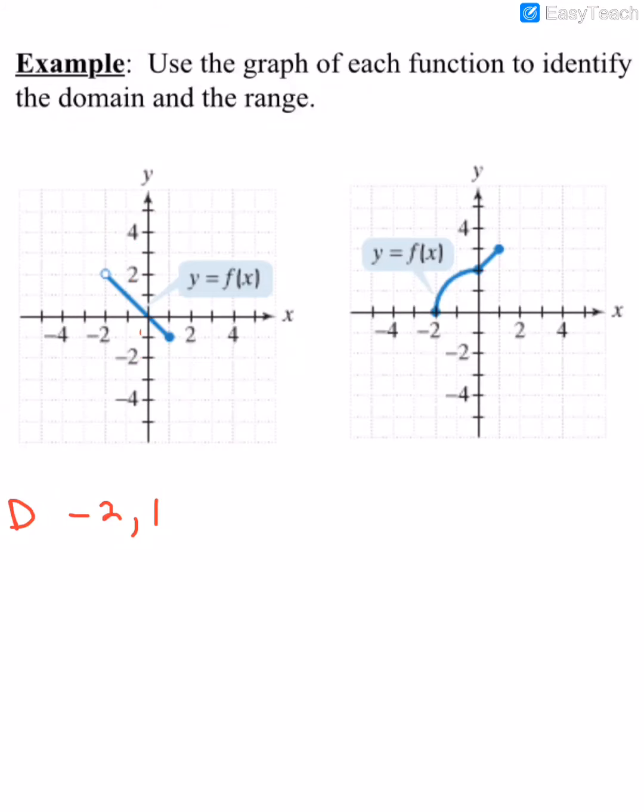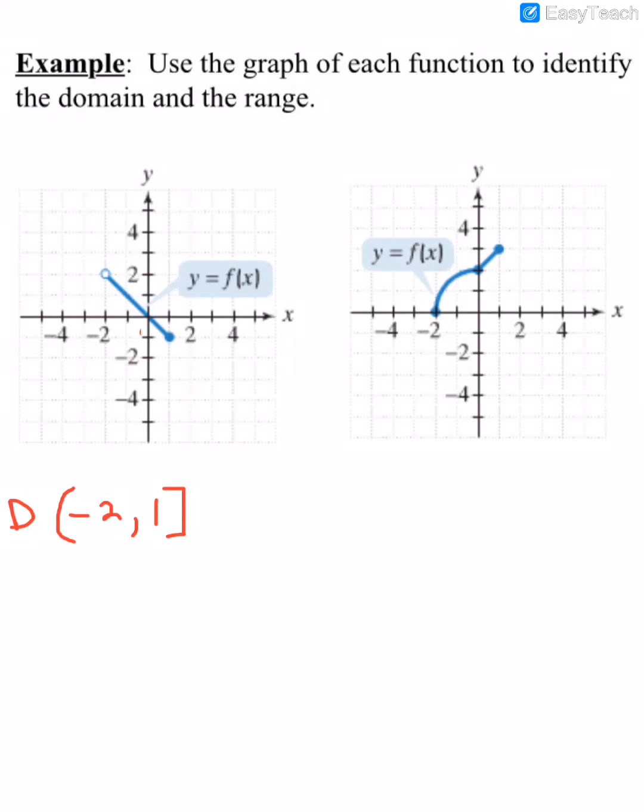So that means that that number is not included. So we're going to put a parenthesis next to the -2. But then on +1, we have a closed circle. So that means that it is included. And remember, for numbers that are included, we use a bracket. So that's my interval for my domain. It goes from -2 to +1.